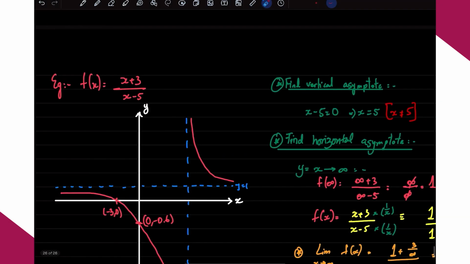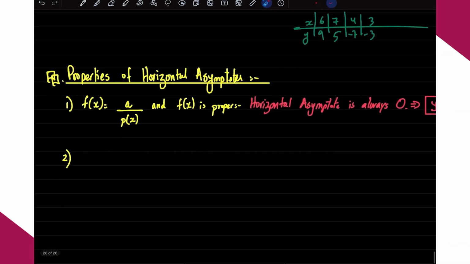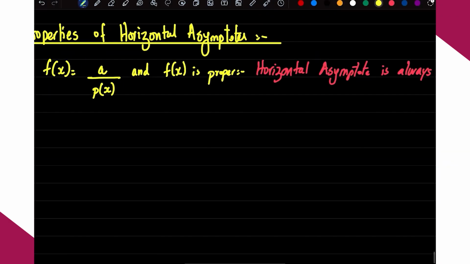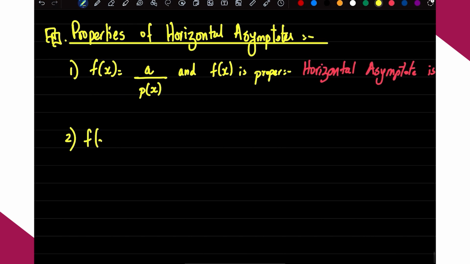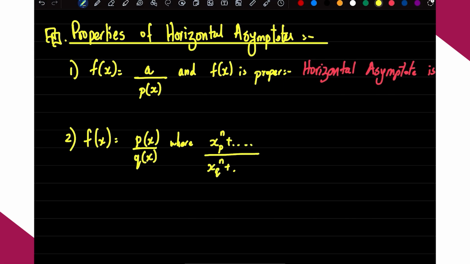We establish that f of x, in this case, is p of x over q of x, where p has x to the n plus whatever it is, and q has x to the n plus whatever it is.